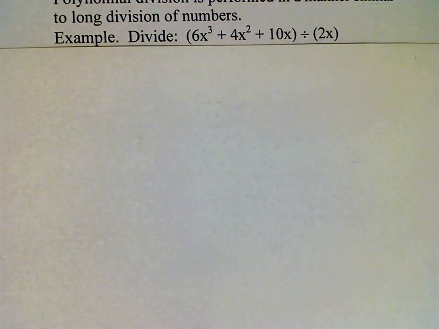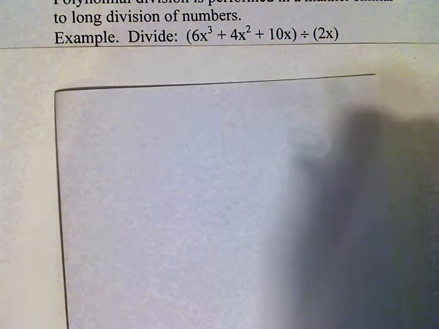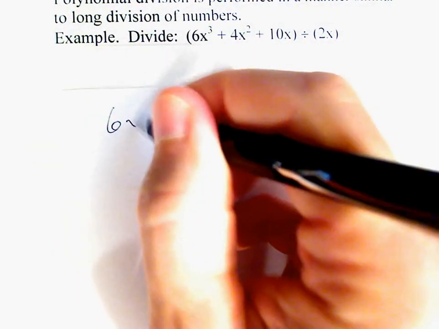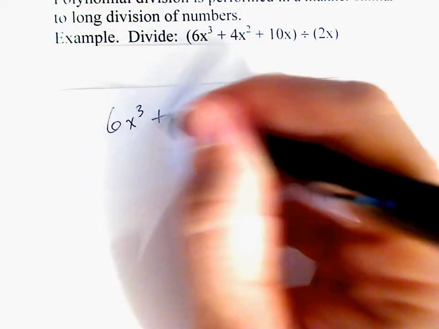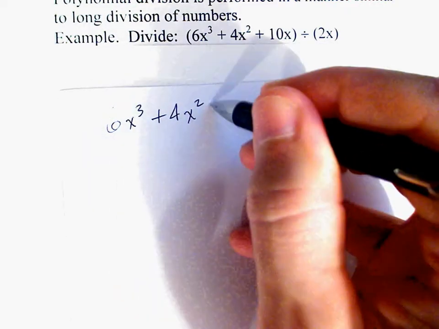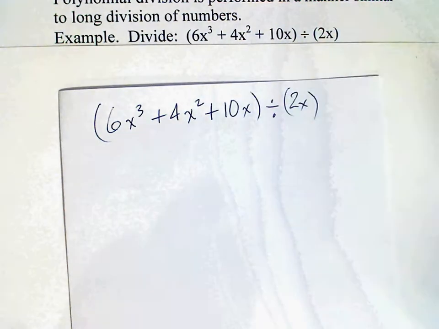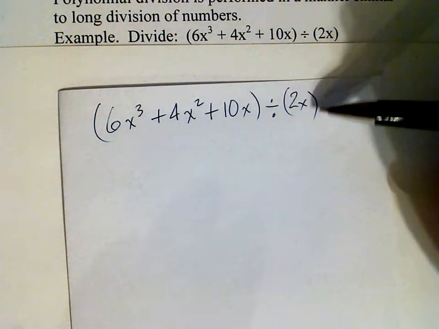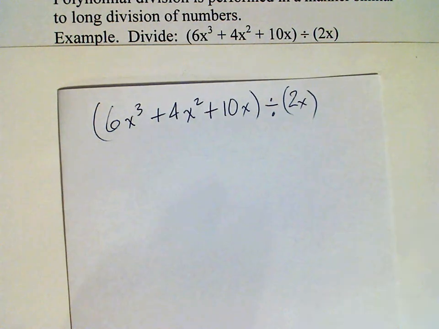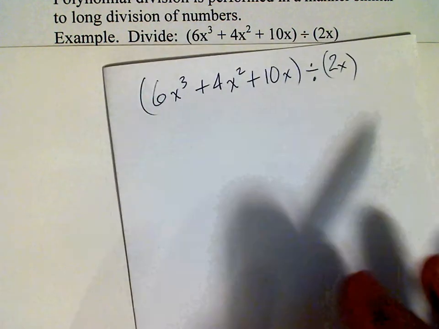Okay, so for example, if we have to divide 6x cubed plus 4x squared plus 10x by 2x. Because the divisor here is a monomial, all we have to do is divide term by term.